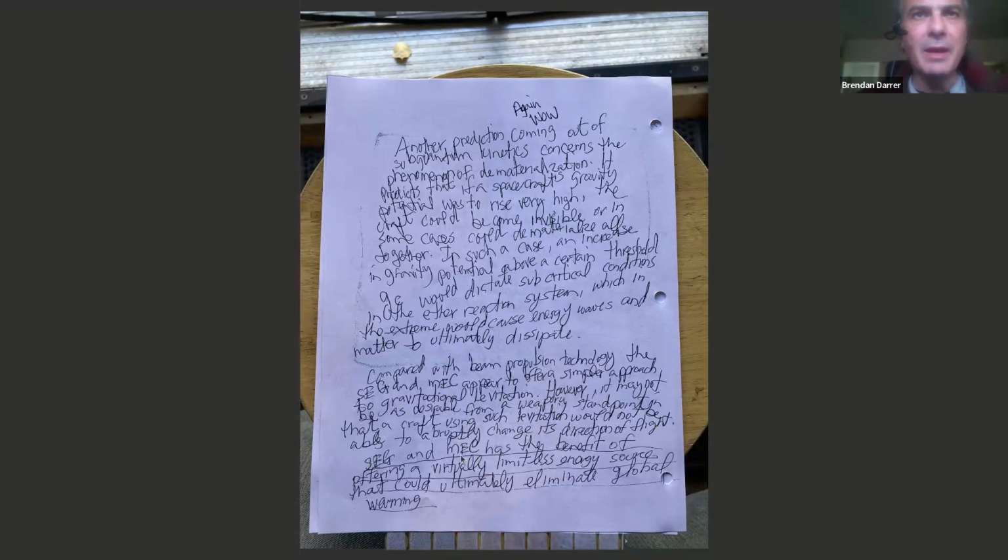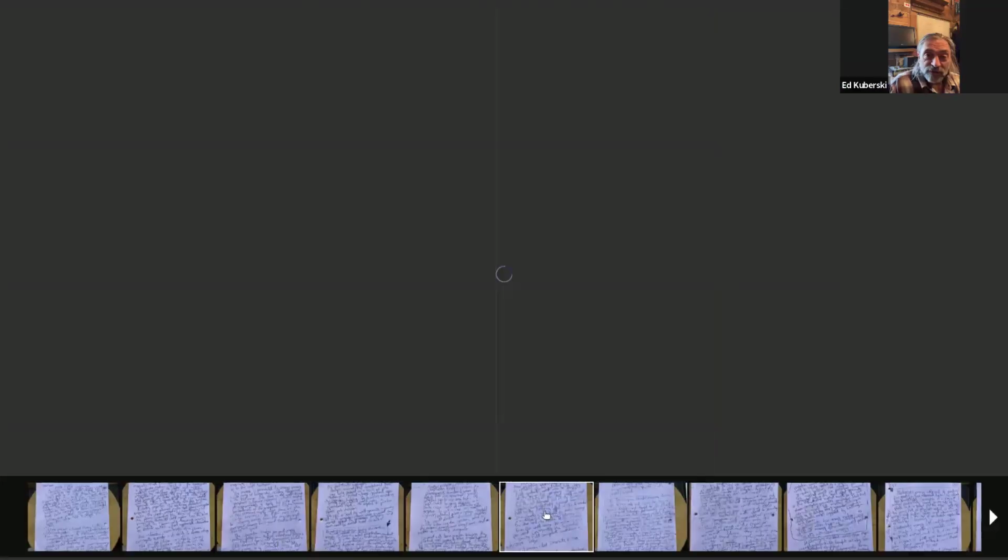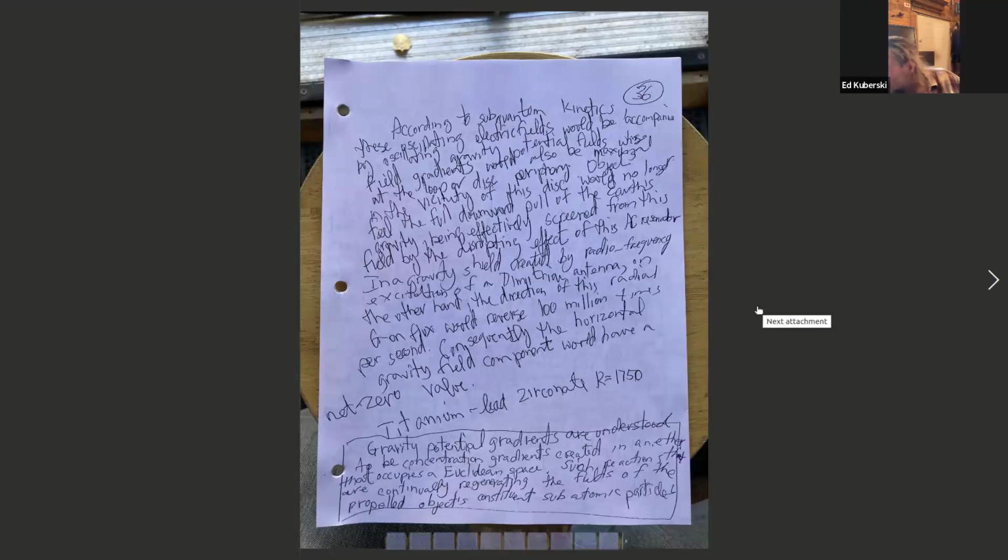The SEG and MEC has the benefit of offering a virtually limitless energy source that could ultimately eliminate global warming. Big statement there, right? But it's absolutely true.